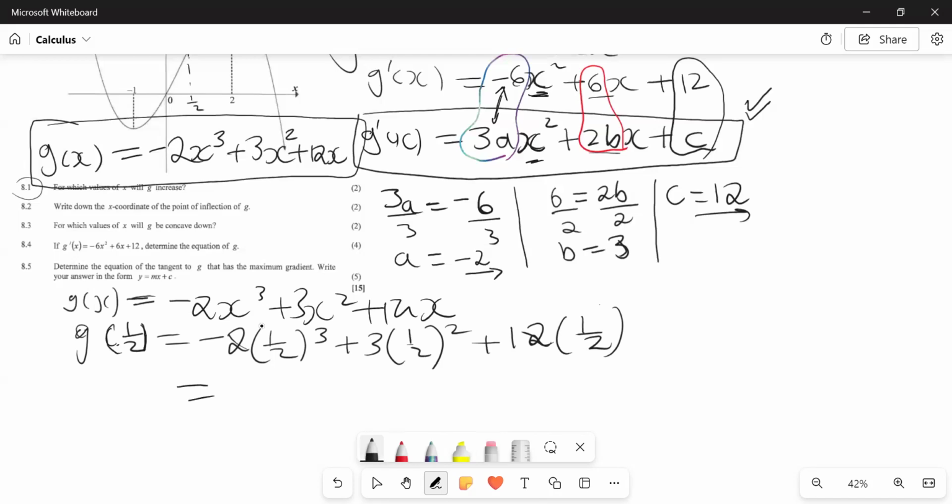When we punch our calculator, let us check what we get.